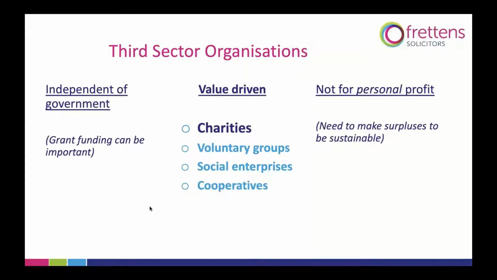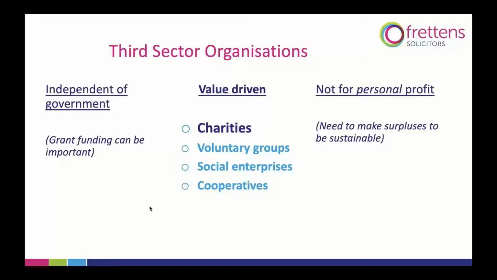So let's look at what makes a third sector organisation different. And there are three factors, I think. The first one is they're not in the state sector, so that means that they are independent of government. But having said that, they are often dependent upon grant funding from national or local government, or in the past from the EU as well.